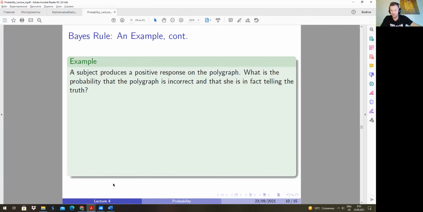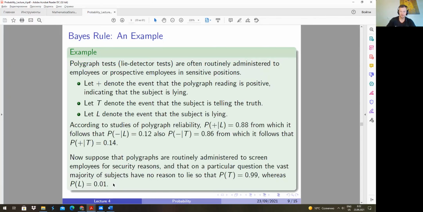Try to think about it for a minute. We need to have these numbers, I guess. So basically, what you need to calculate is the probability of T given plus. That's what you need to calculate. Probability of T given plus.